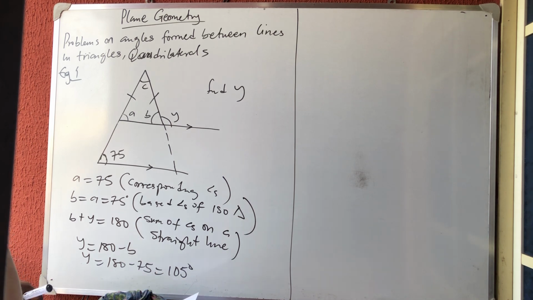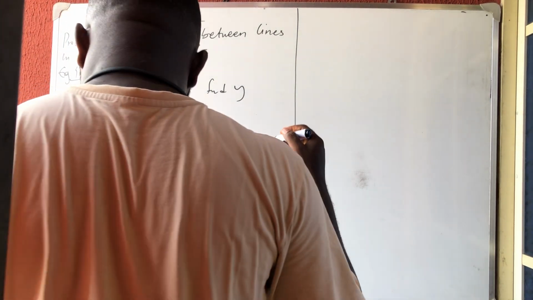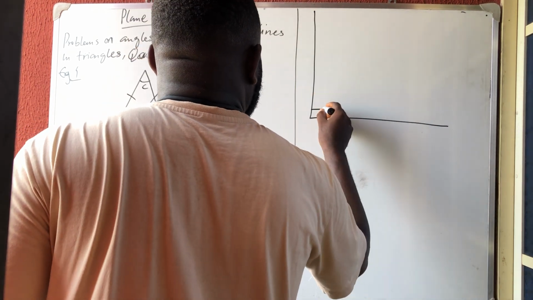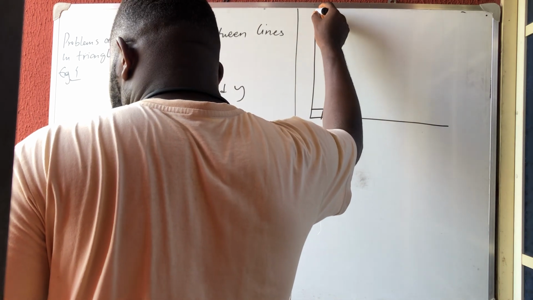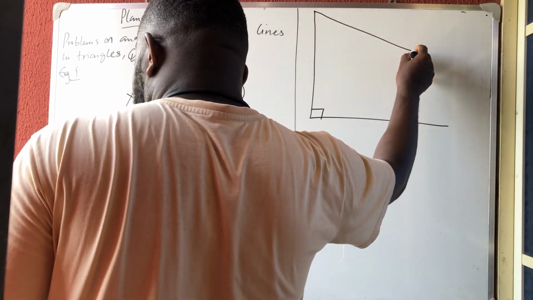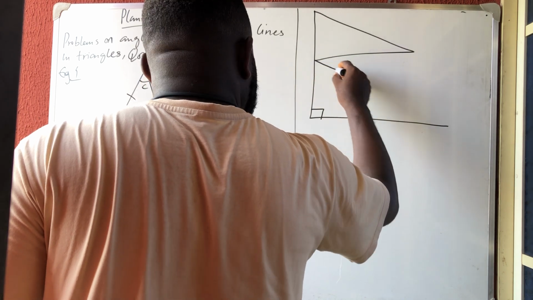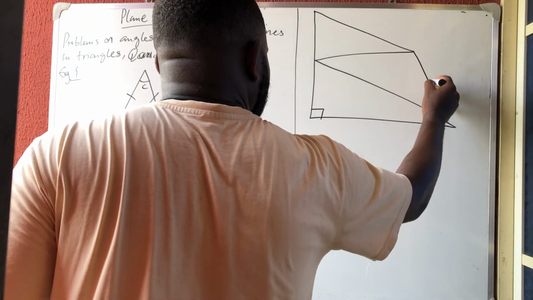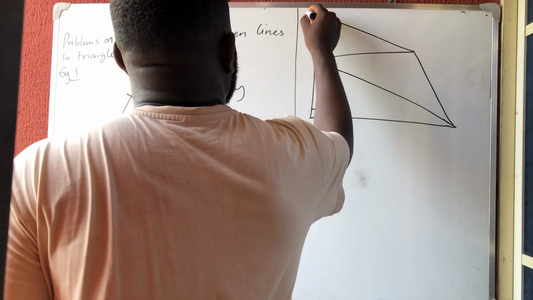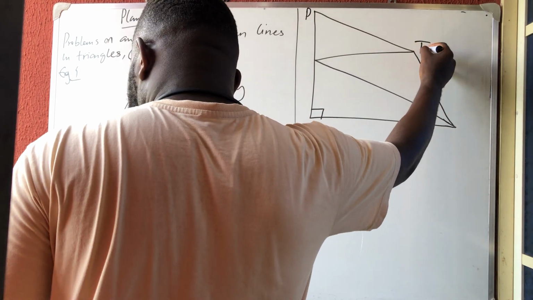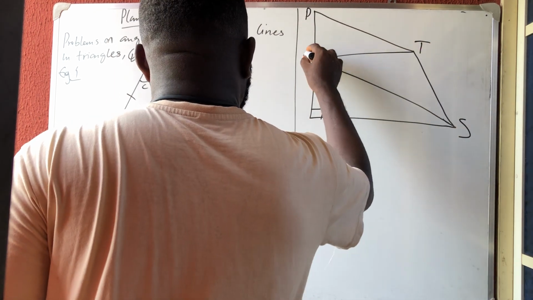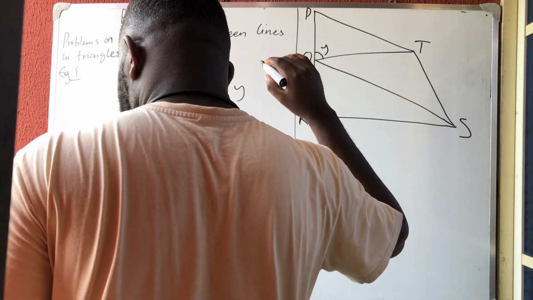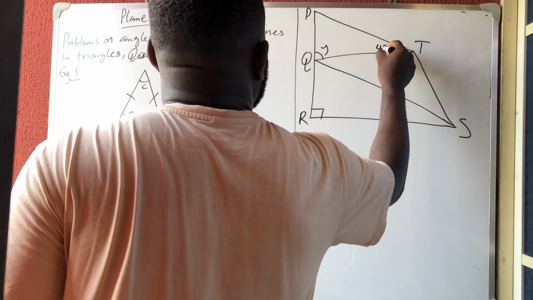All right. So the next question they gave us looks like this: a straight line, 90 degrees. They have something that looks like a Z. They say that here is P, T, S, Q, R. Here is y and here is 42.